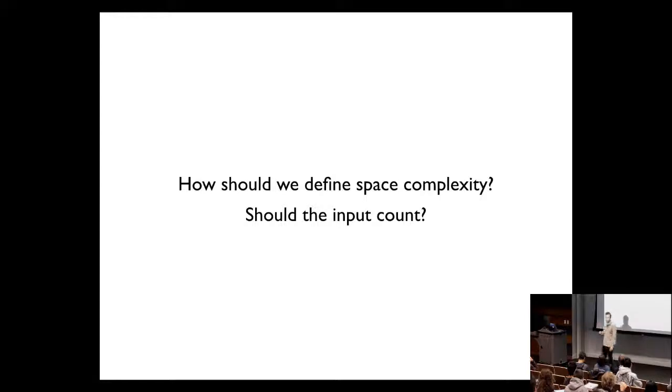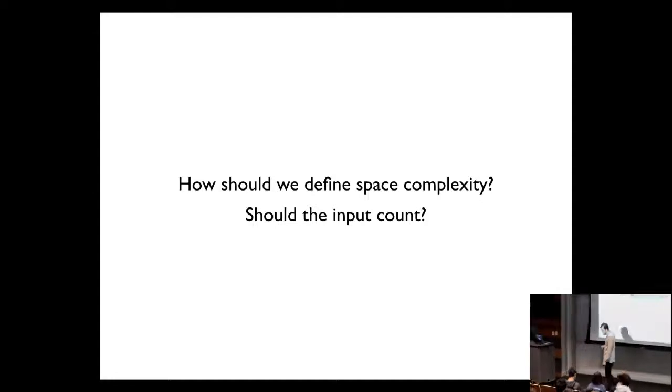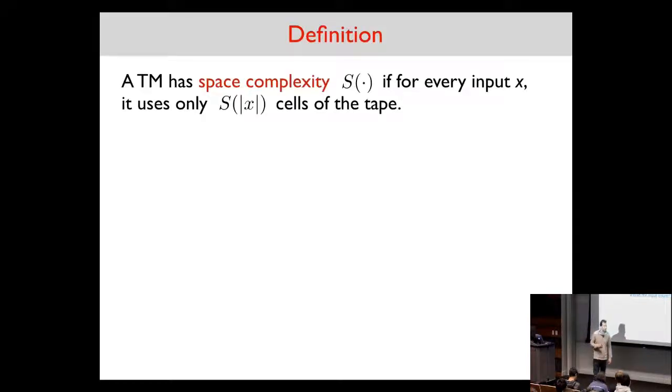So should we consider the size of the internet as contributing to the space complexity of the algorithm? Okay, so the convention we use is that we shouldn't really consider the input of the algorithm as counting towards the space complexity of the algorithm.